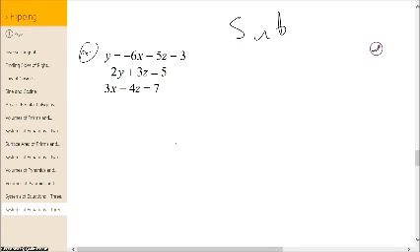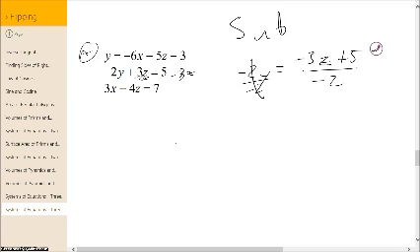So if I subtract 3z from both sides, I'm going to end up with negative 2y equals negative 3z plus 5. And I want to get y by itself, so let's divide both by negative 2.